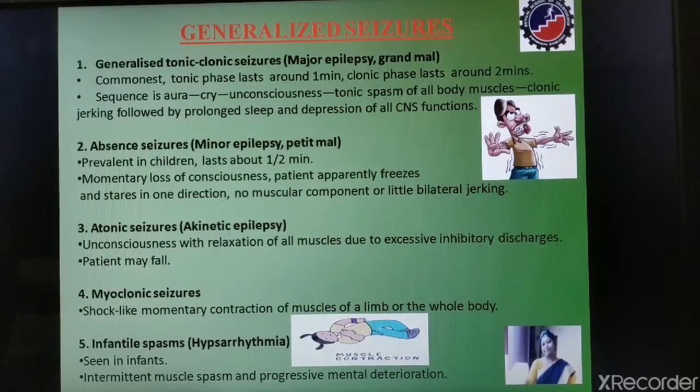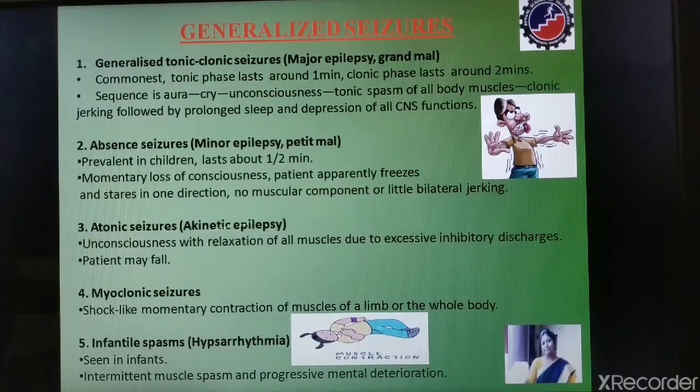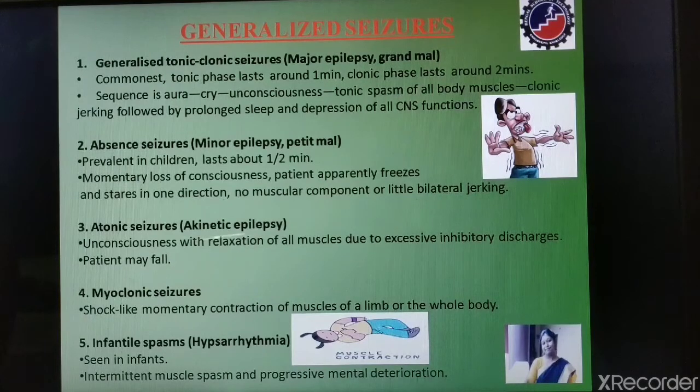The third one is termed atonic seizures, which are also called akinetic epilepsies. In this case, brief loss of consciousness occurs with relaxation of all the muscles due to excessive inhibitory discharges. The patient may fall in this case.